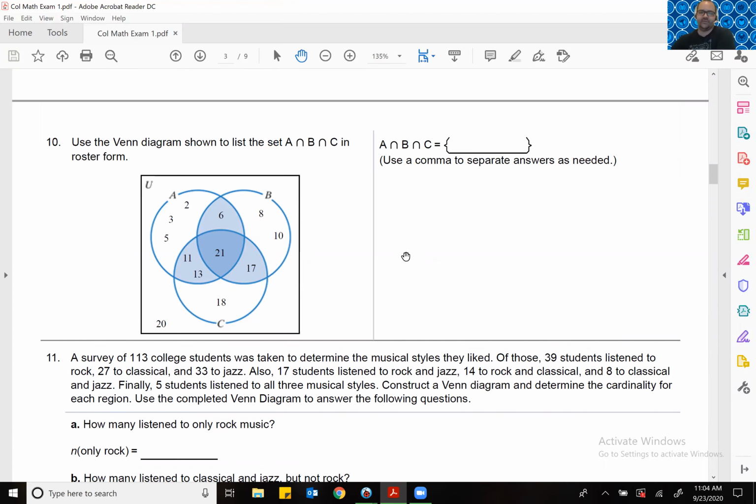Again, they give us another Venn diagram, and they want us to do A intersect B intersect C. So what do you think the intersection of all three circles, what numbers go in there?